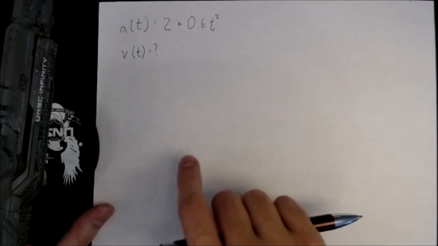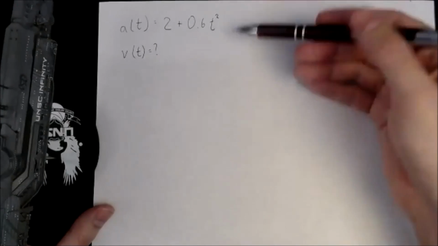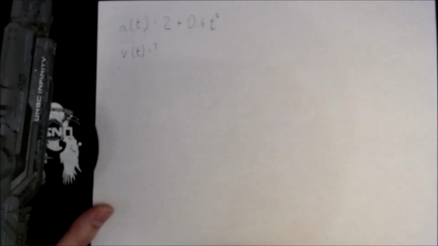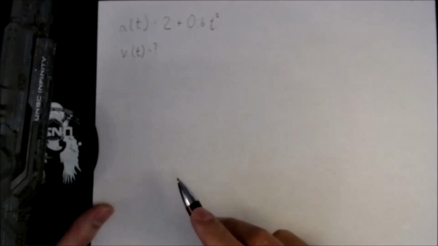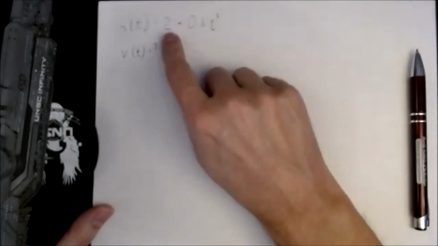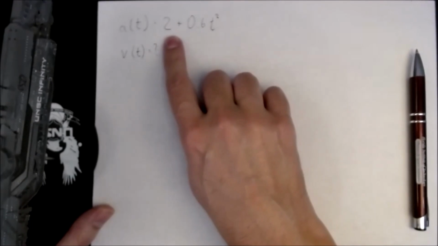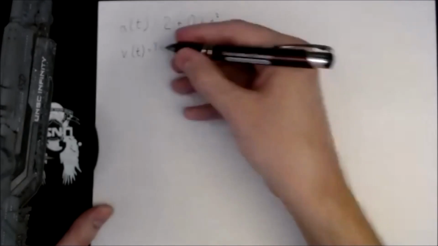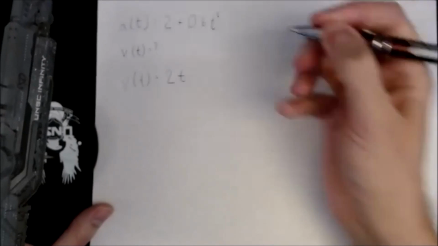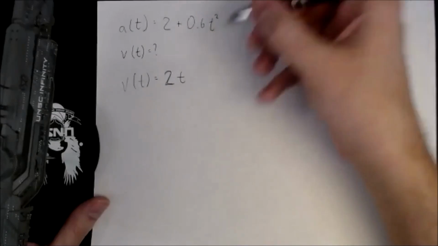Well, an antiderivative is just, okay, what function can we write down to get this as its derivative? That is what an integral really is. And so if we just look at it one term at a time, 2, what function would have a derivative of 2? The function with a derivative of 2 is 2t. Take the derivative of that and you get 2. Great.